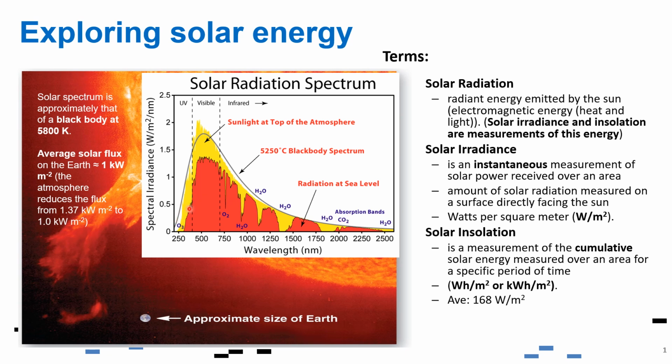The yellow part here is the radiation being emanated from the sun that goes towards the atmosphere. And the red part over here is the part of the radiation that is absorbed by the Earth's surface, or the radiation at sea level.